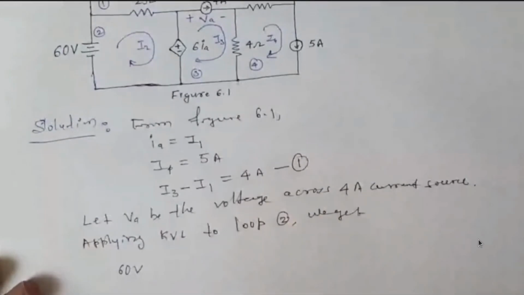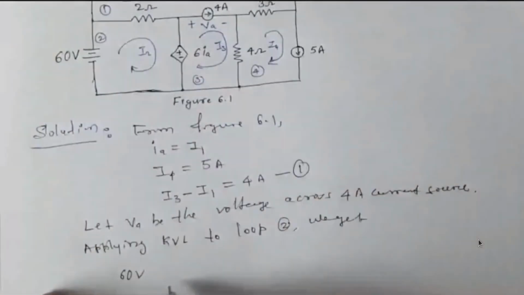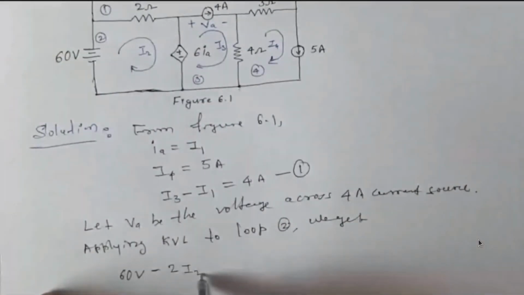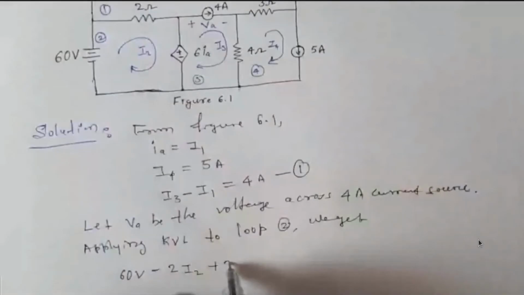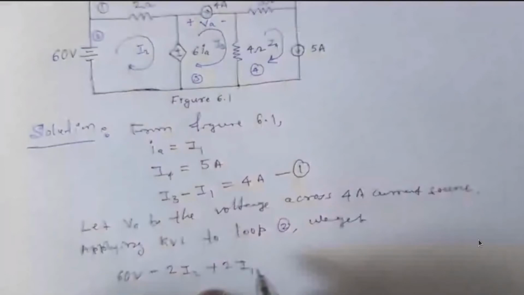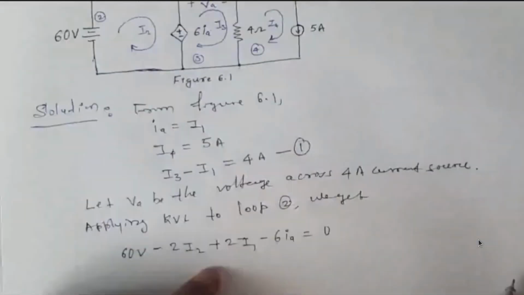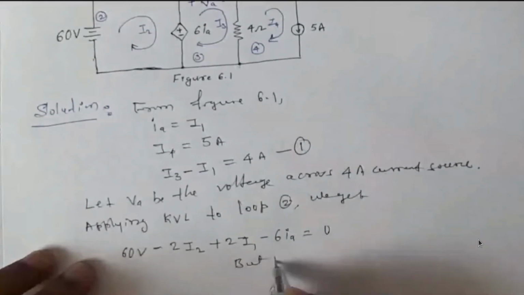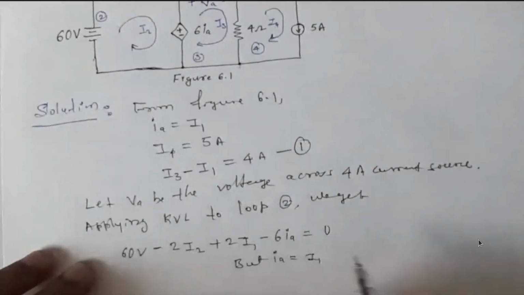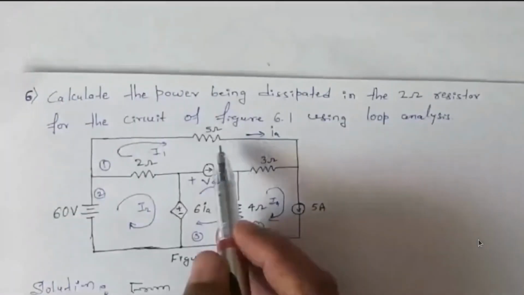And here, this is minus to plus, so plus to minus will be negative, minus 2 I2, and I1 is flowing in the opposite direction, plus 2 I1, and this plus to minus will be negative, minus 6 IA is equal to 0. But dear students, I know IA is nothing but I1, because from this circuit you can tell that IA is nothing but I1.